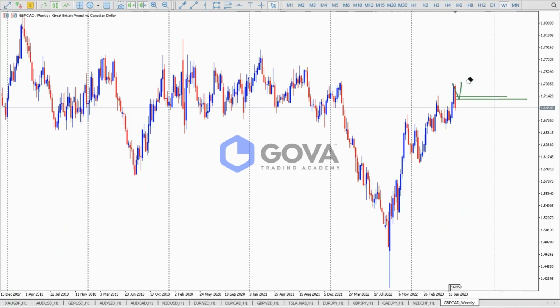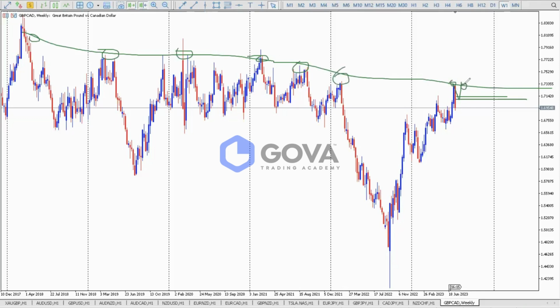That is not making sense, because this level here is a psychological level for selling. Whenever markets come back into this level, you see how market price is dropping down around the area.